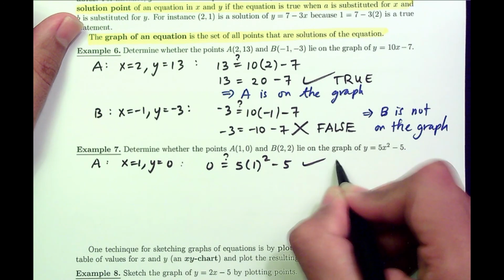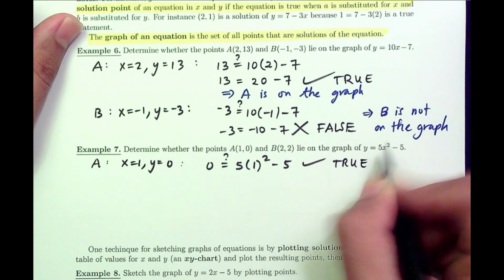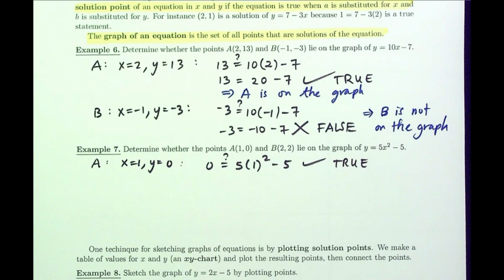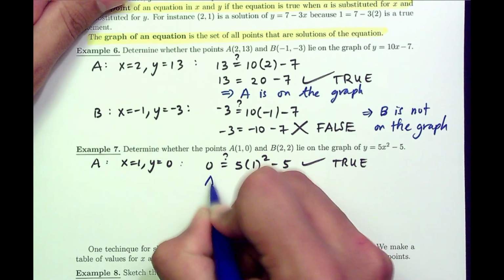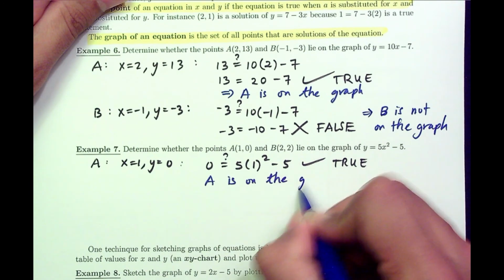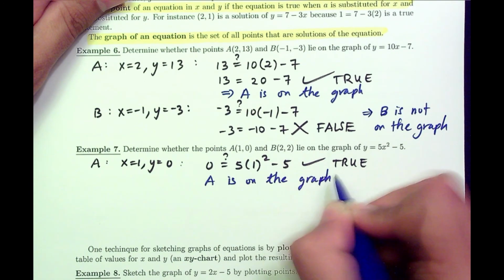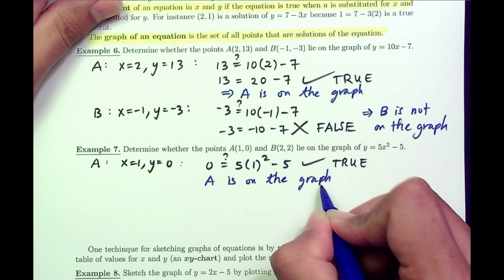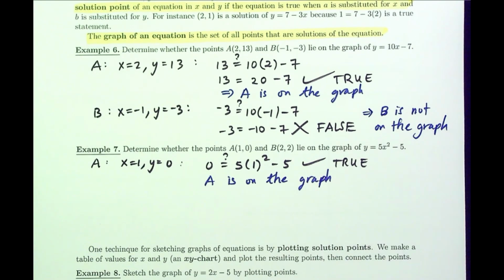This one is actually true. So that means that the point A is on the graph of that equation, okay? And now let's check B.